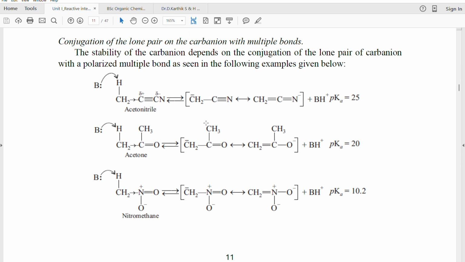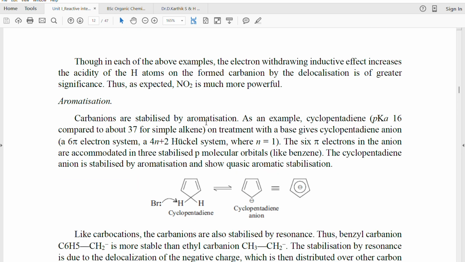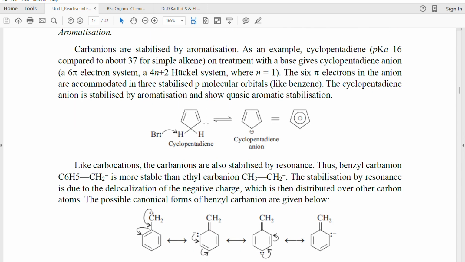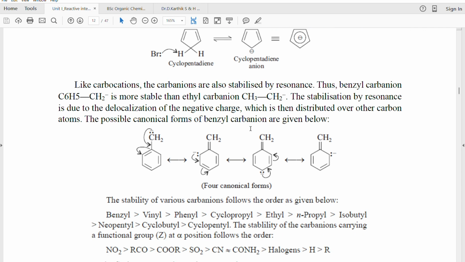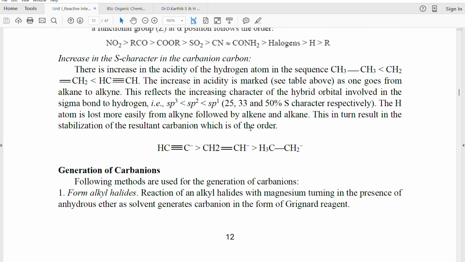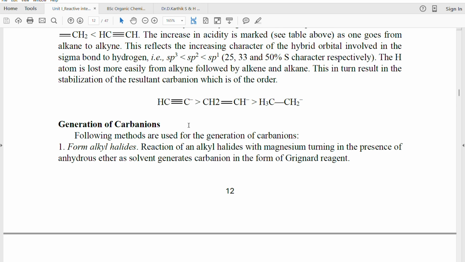So the resonance structure or conjugation stabilizes the carbanion, and third one is the aromatization. So by making a carbanion, if it produces an aromatic character, that will be stabilized. And the fourth one is the increase in the s character. If the s character increases in the carbon, that carbon stabilizes the carbanion, C minus.